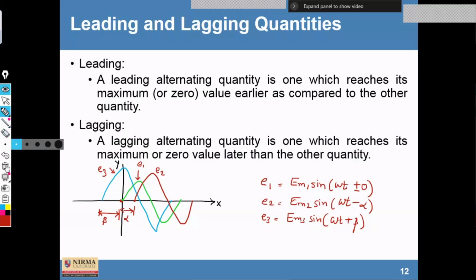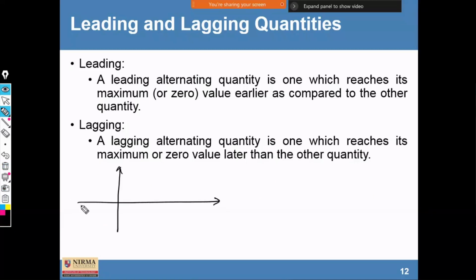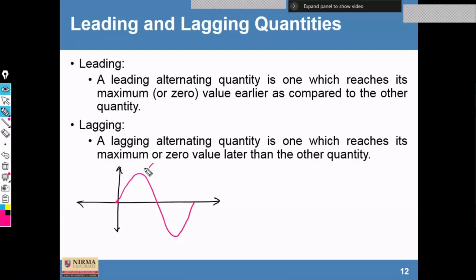Similarly, we can write expressions if two different quantities are acting in the same plane. Suppose this is quantity 1, which is a voltage, and another quantity may be, rather than induced EMF, a current like this.